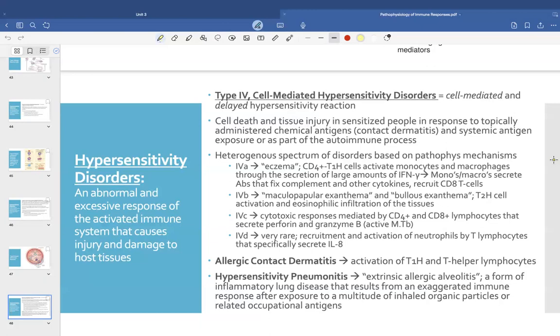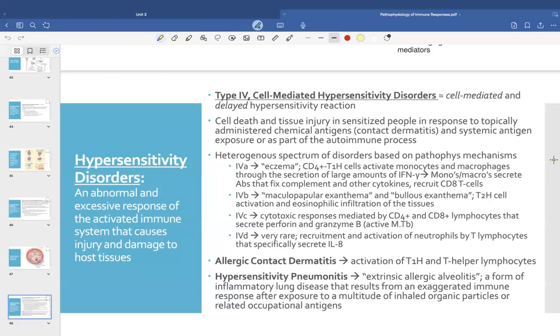Then that's type 4B. Type 4C are actually cytotoxic responses, where your CD4 and CD8 cells, those T lymphocytes, will secrete perforin or granzyme B. This becomes important with the cavitation that occurs in the lungs in patients who have active tuberculosis.